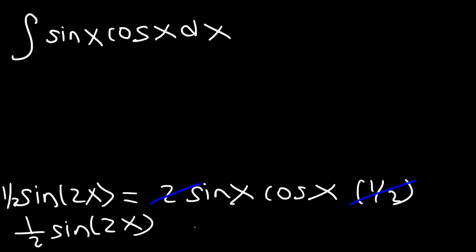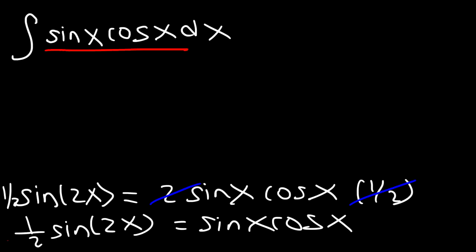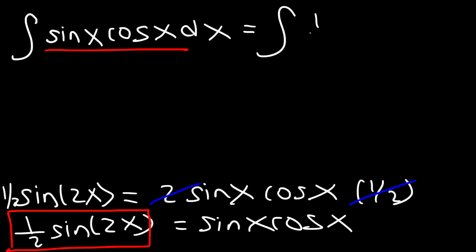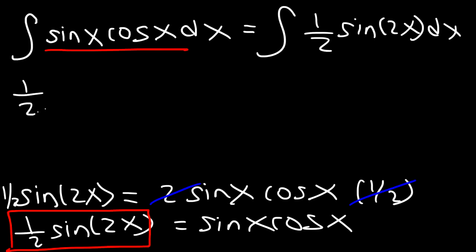So it's just going to be sine x cosine x on the right side. So therefore, what we're going to do is replace sine x cosine x with this expression. So now we have the integral of 1/2 sine 2x dx. Now I'm going to move the constant to the front.